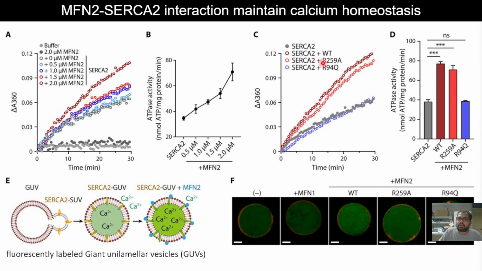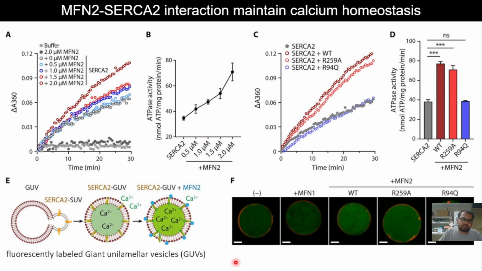But when they added wild type, there is an increase. And when they added this R59A, there was an increase, since this variant actually has no effect on function, so that's why this activity is comparable to the wild type. This is also further analyzed here. This data is represented here.